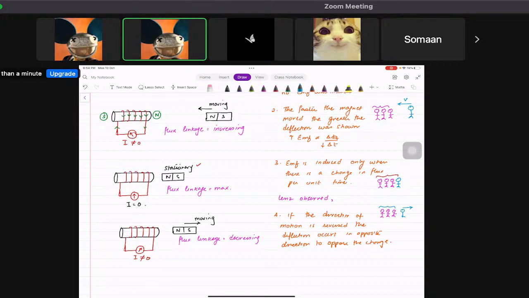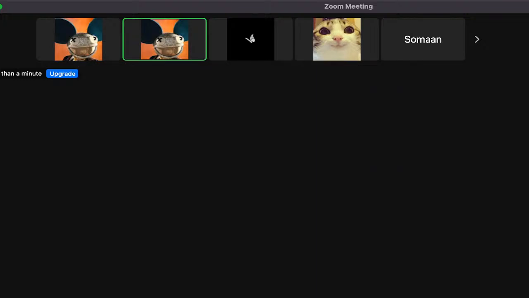And because the north of the magnet is moving away, to stop the north, what will you do? The current will flow in such a way that it creates a south here of its own so that it attracts the magnet back. Do you understand? And in that process, to create a south here, it needs to flow the current in the opposite direction so the north is created.